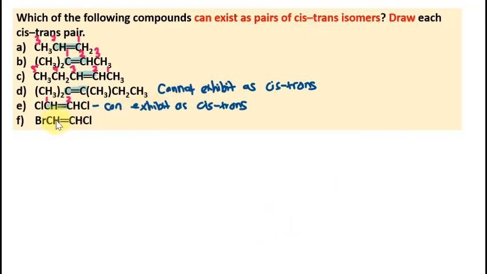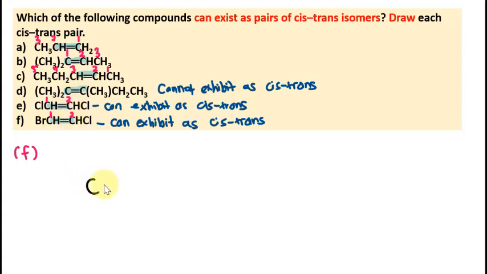For the last compound here, we have the carbon-carbon restricted rotation, which is the carbon-carbon double bond, and each carbon is bonded to 2 different atoms or groups of atoms. So yes, it can exhibit cis-trans. To draw the isomers, let's label our carbon. We have only 2 carbons.